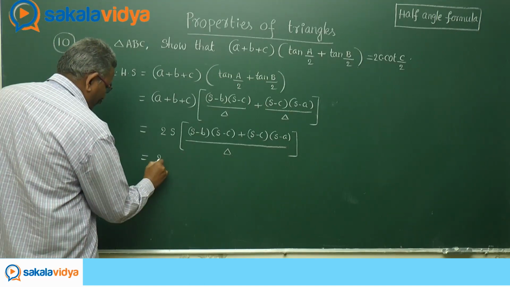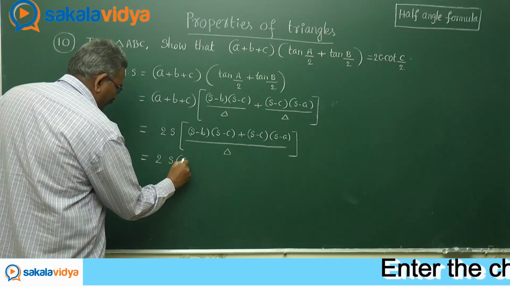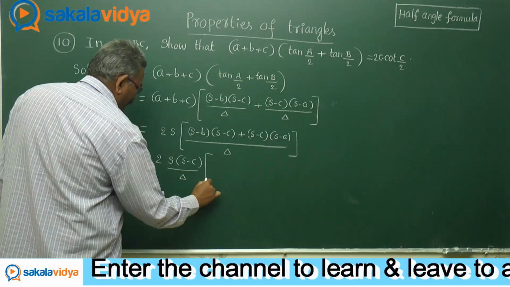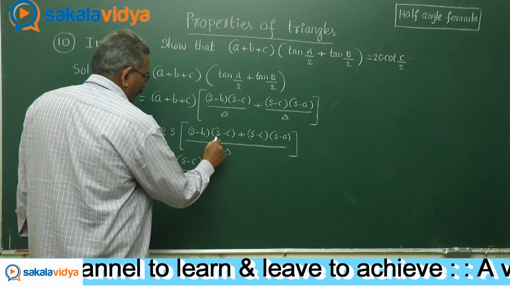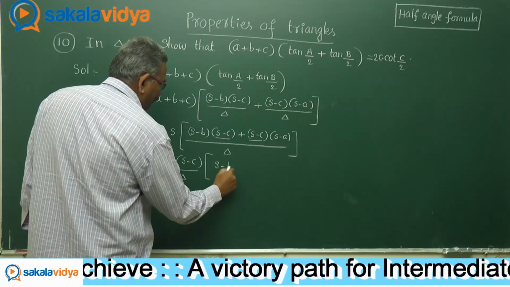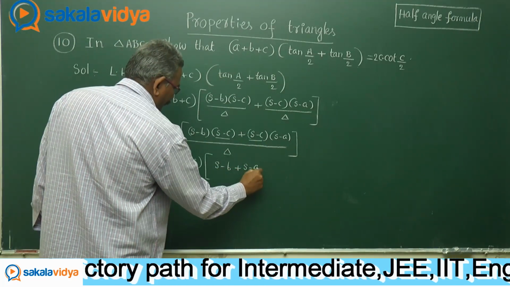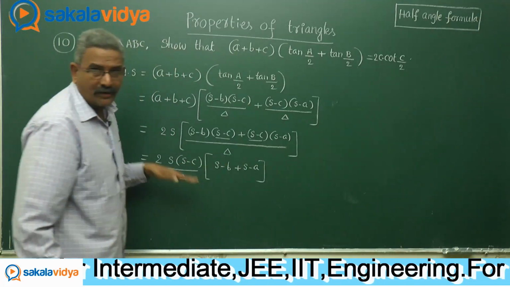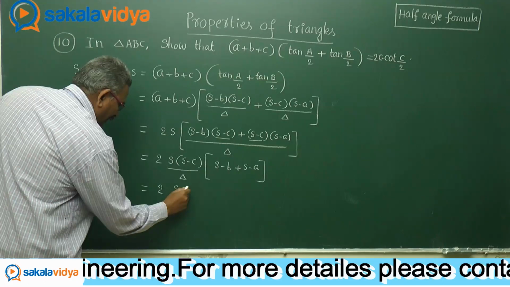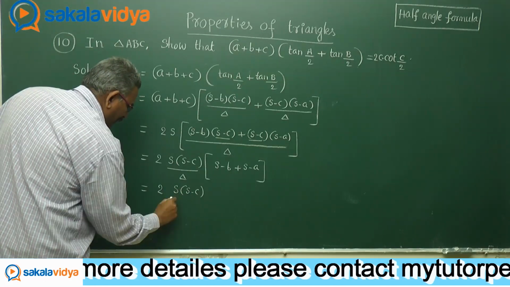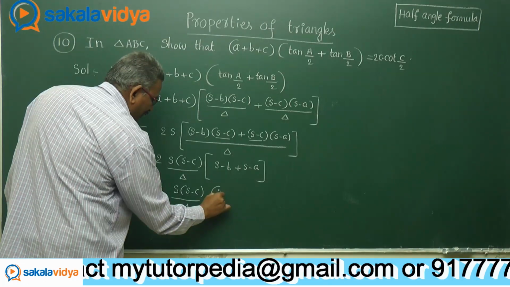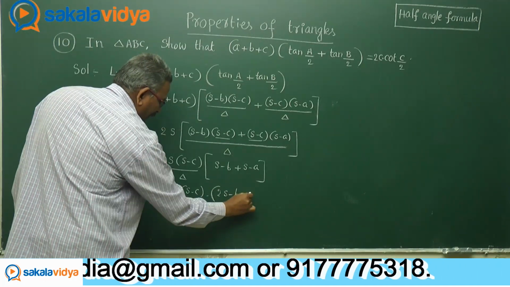We get 2 times s(s-c)/Δ. Then we have these two, (s-b) plus (s-a). So let it be simplified: 2 times s(s-c)/Δ times (2s - b - a).